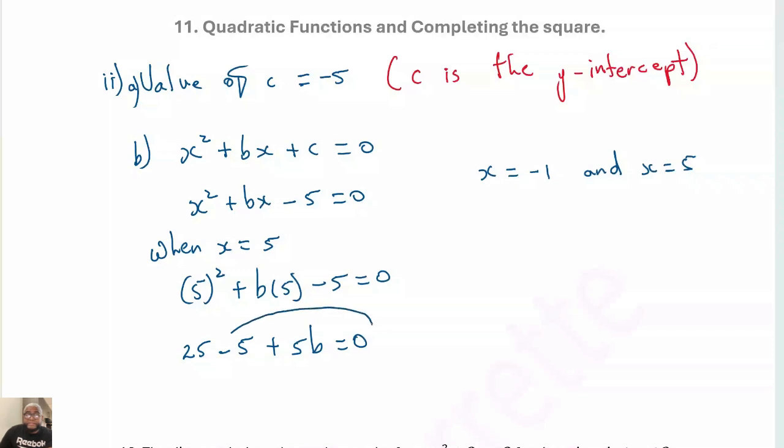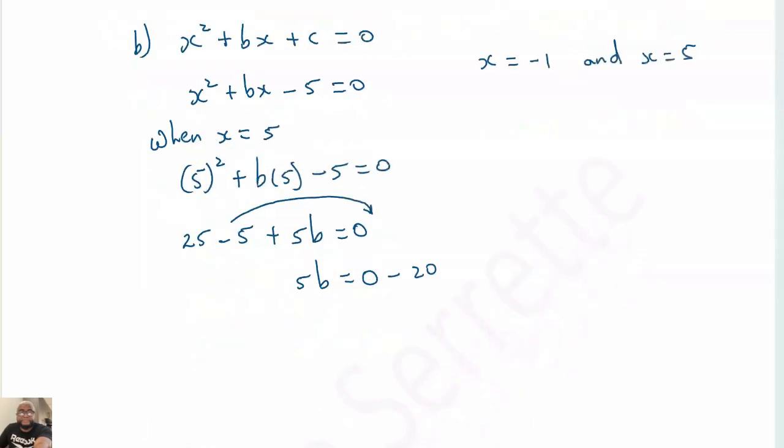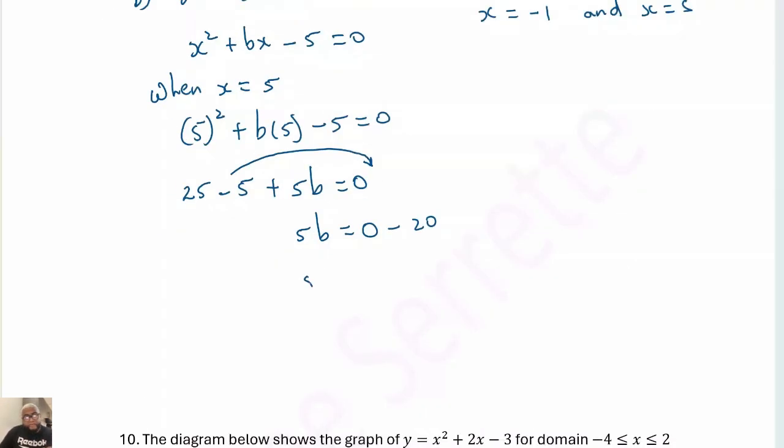Can I carry the 20 over here? Positive 20 will become negative. 0 minus 20 will just be minus 20. So I'll have here now 5b is equal to minus 20.